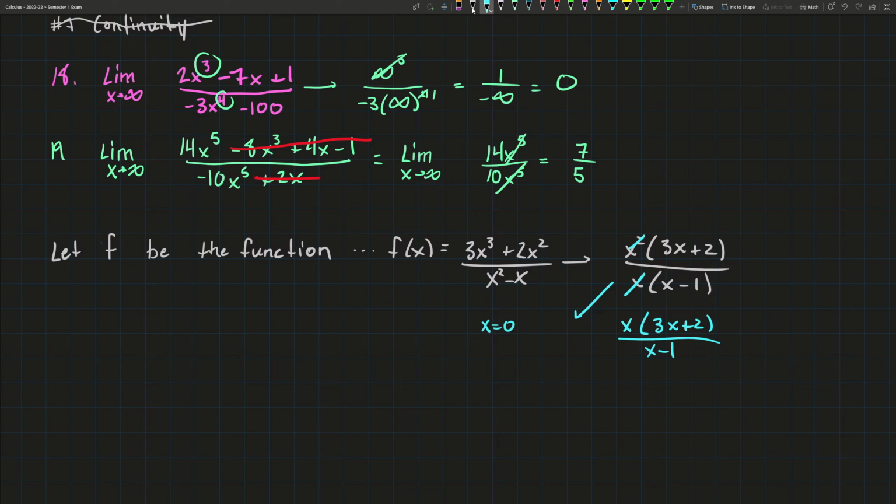There's also this vertical asymptote, this non-removable discontinuity, x minus 1 equals 0, so x equals 1. So there's a removable discontinuity at x equals 0, and an asymptote, or non-removable, at x equals 1. And that's because it's a vertical asymptote.